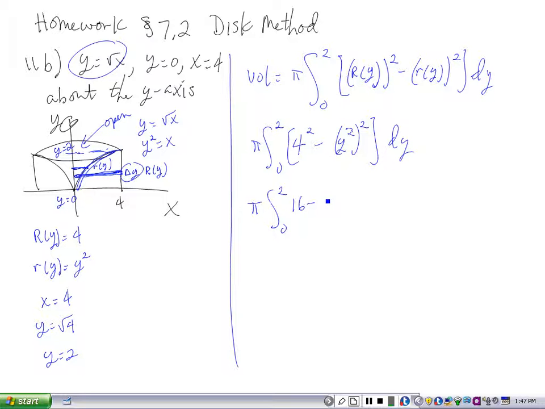This is 16 minus y to the 4 dy. So we get pi times 16y minus 1/5 y to the 5th, evaluated from 0 to 2, and you plug all that information in there and you get 128 pi all over 5.